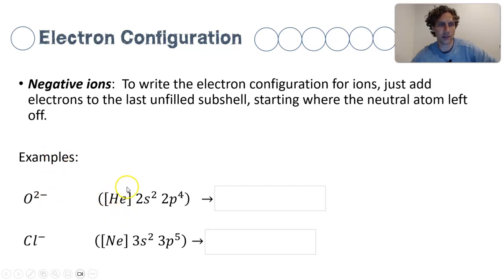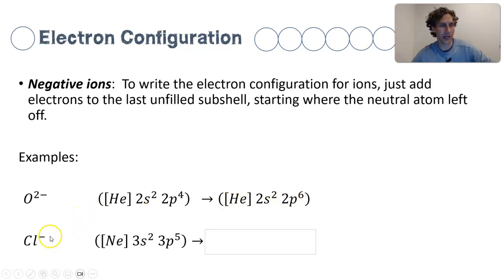So this is oxygen, helium, and then 2s2, 2p4. But now we want to turn it into an ion. So it's going to gain 2 electrons. Where would those go? Well, it's going to become 2p6, right? It's going to fill up this orbital there. Okay, so here, this one is oxygen. This is O negative 2.